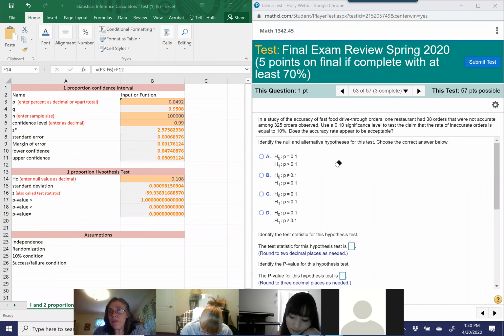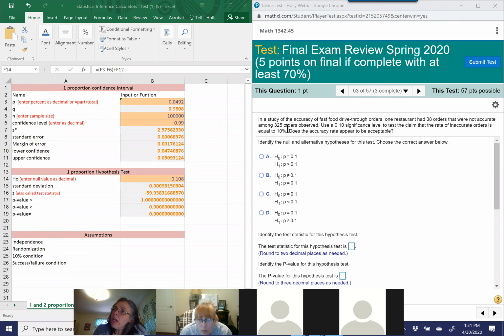So this is a test about a proportion, I think. Let me read it and see. In a study of accuracy of fast food drive-through orders, one restaurant had 38 orders that were not accurate among 325 orders observed.